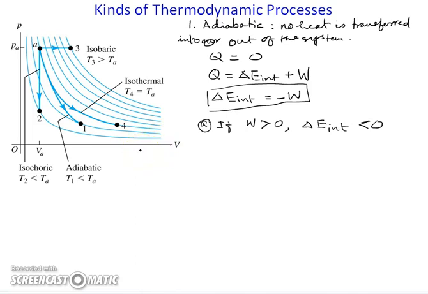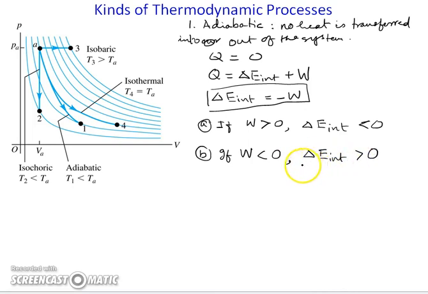In many systems, a decrease in internal energy is accompanied by a drop in temperature. Example, opening a bottle of champagne, right? B is if W, work done by the gas, is negative, then internal energy will be positive.